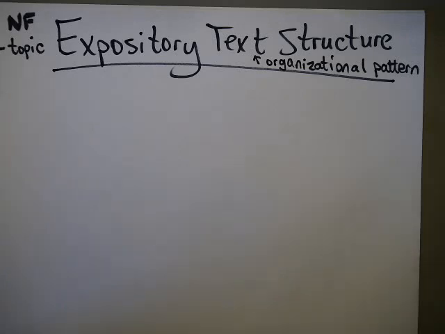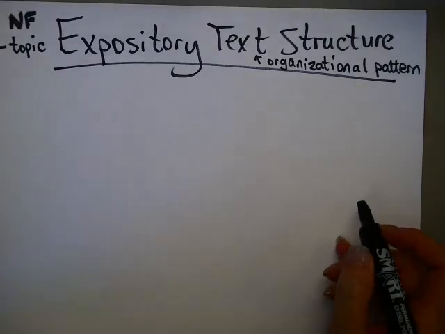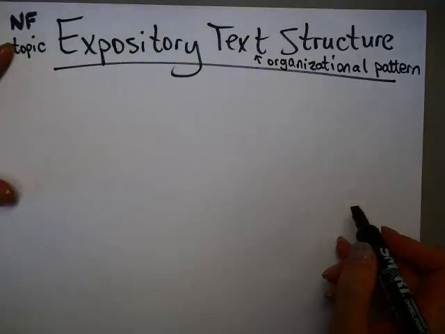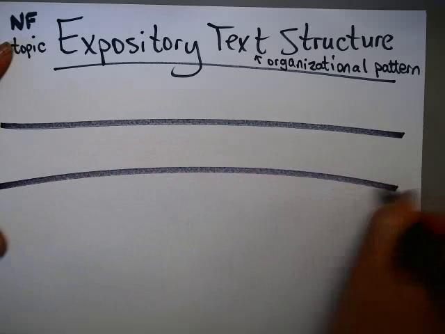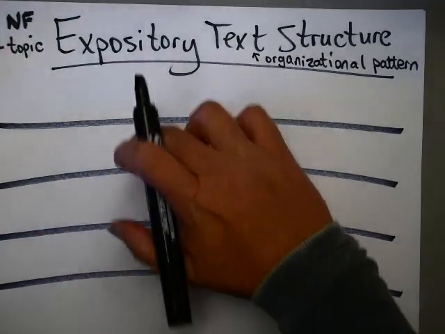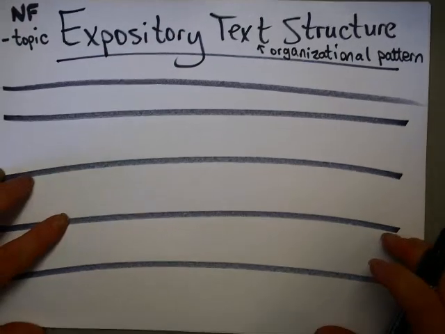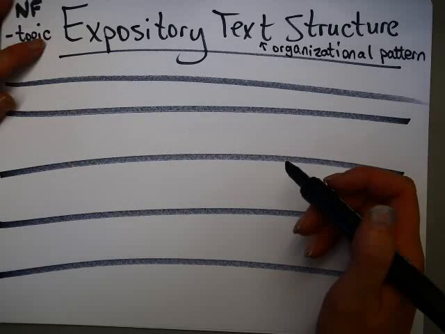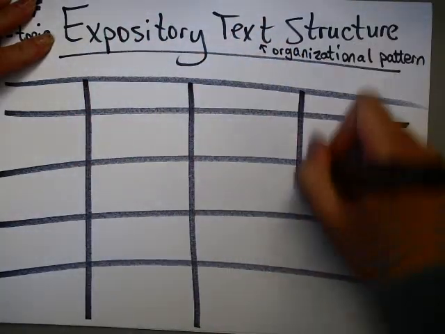So what I would suggest for you is to divide your paper up into, we're going to need 6 rows. So yours a little bit better than mine. 6 rows, and then we're going to need, let's say, 4 columns. 1, 2, 3, 4.